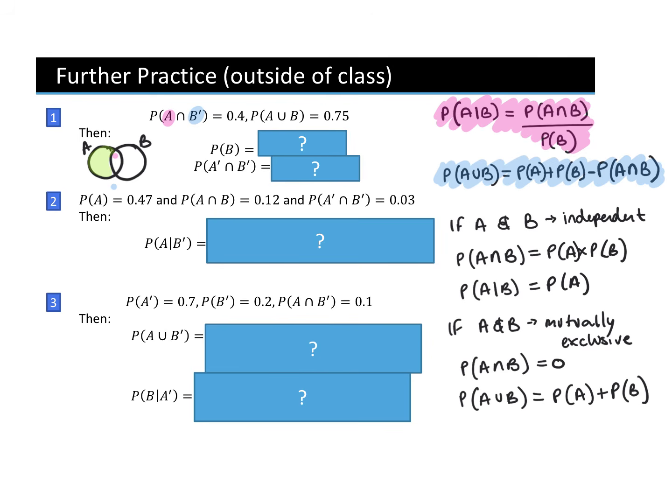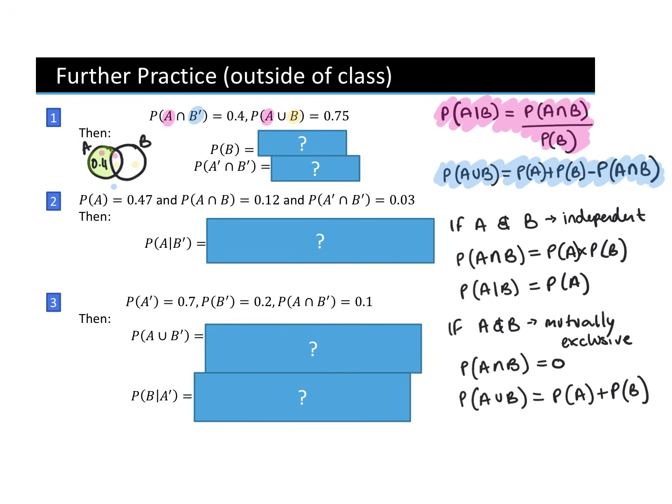So I know this is 0.4. For the next one, my probability of A in pink. My probability of B, I'll do in yellow. And it's the union.